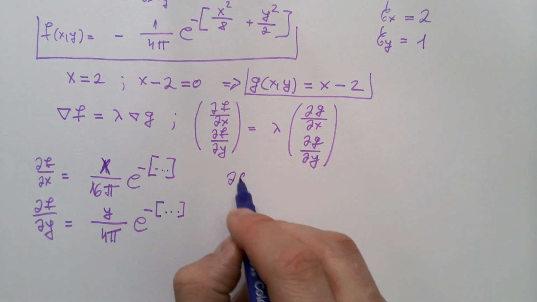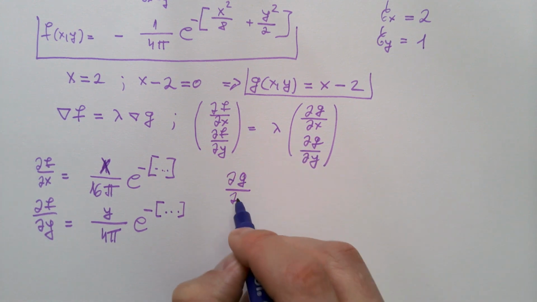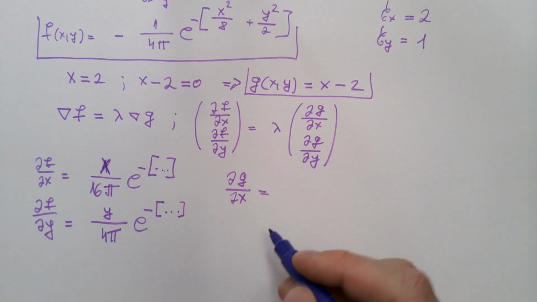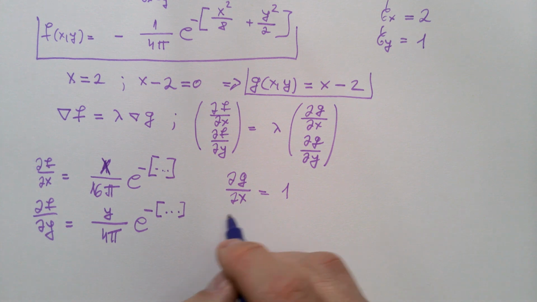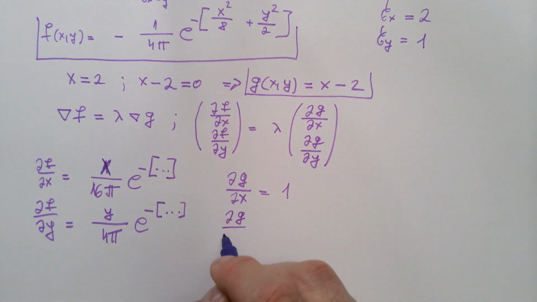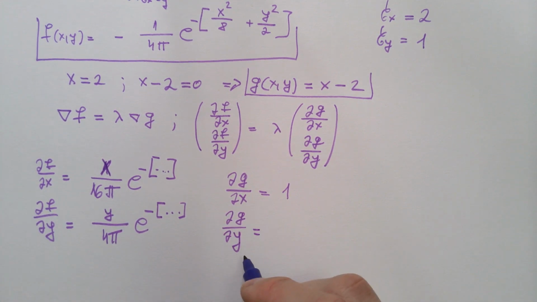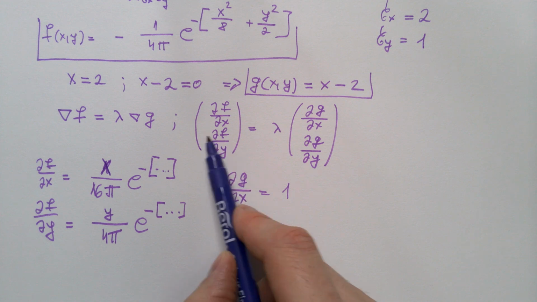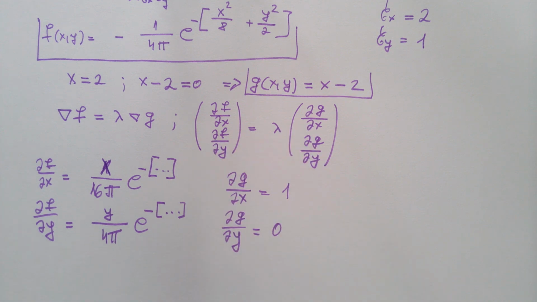Now the derivatives of our constraint couldn't be easier. Partial g partial x is just 1, and partial g partial y is 0, because this function is not a function of y. Now we use these derivatives to form a system of equations.